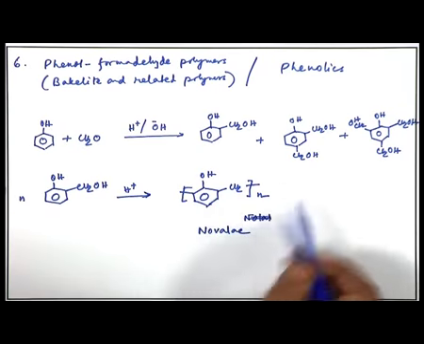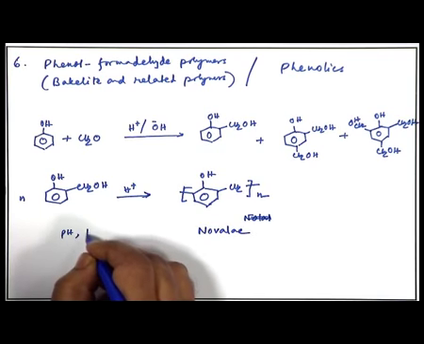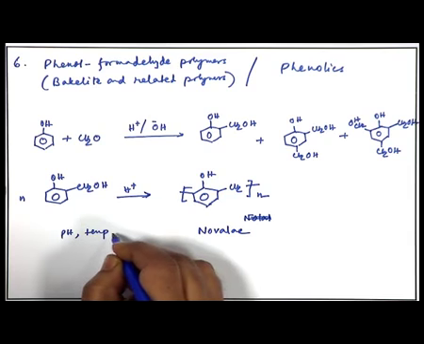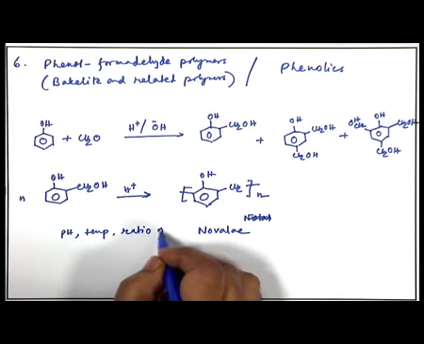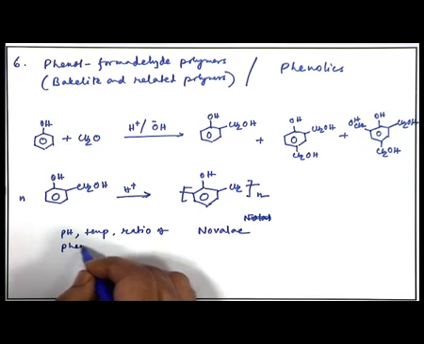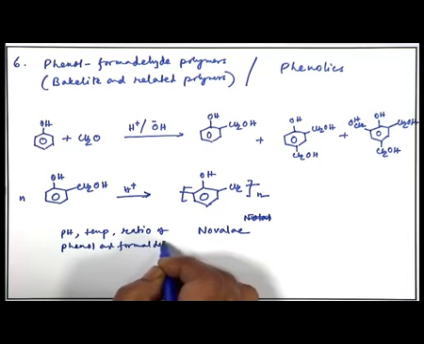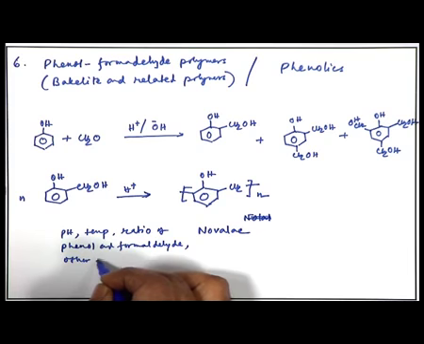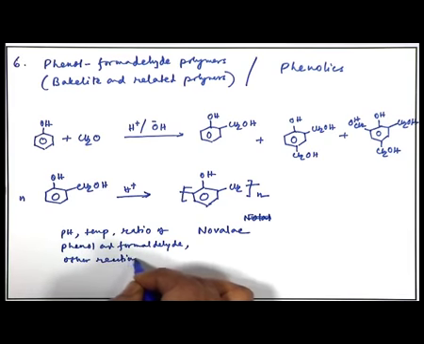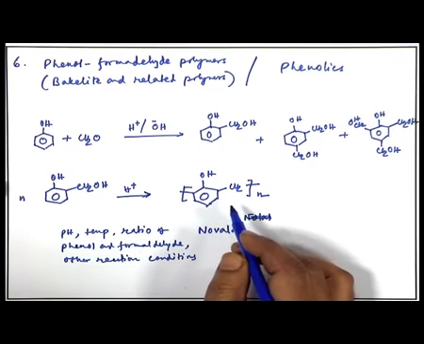The exact composition of this reaction depends upon the pH and the temperature of the medium, the ratio of phenol and formaldehyde, and other reaction conditions. These are the things which basically determine the exact composition of the product.